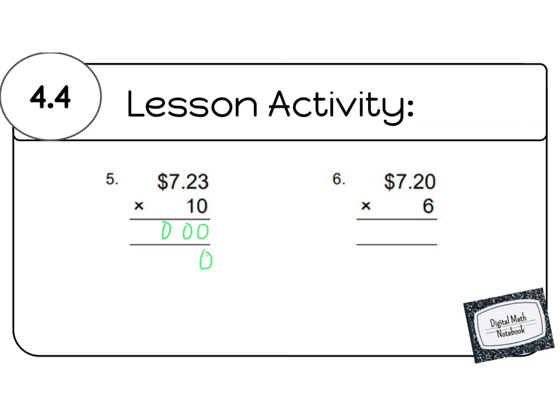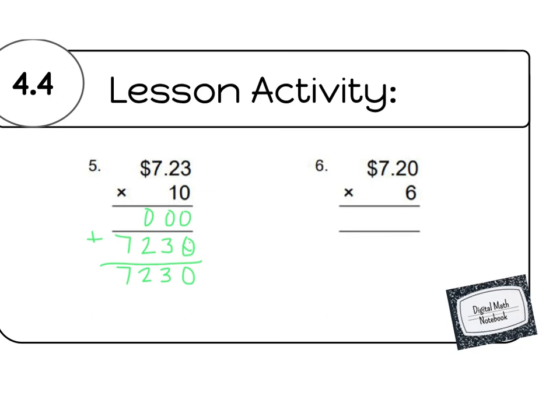Then we would start with a magic 0. 1 times 3 is 3. 1 times 2 is 2. 1 times 7 is 7. So we would get 7, 2, 3, 0, which we know we're just going to add a 0 on the end, but let's count our place values to make sure that it goes in the right place. 1, 2, 1, 2. Our new number would be $72.30.